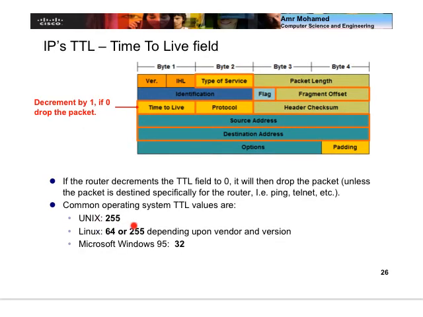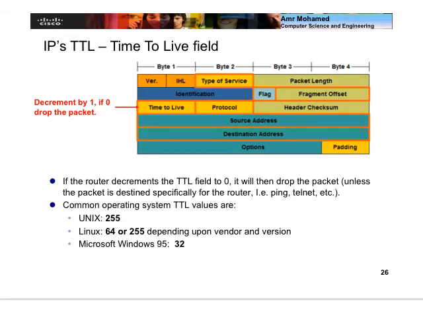Yeah, here are the numbers. So Unix uses 255, Linux uses 64 or 255, Windows uses 32. We don't have to memorize these numbers, of course, but these are default values for this time to live. The important thing here is that each router will decrement this TTL number by 1.